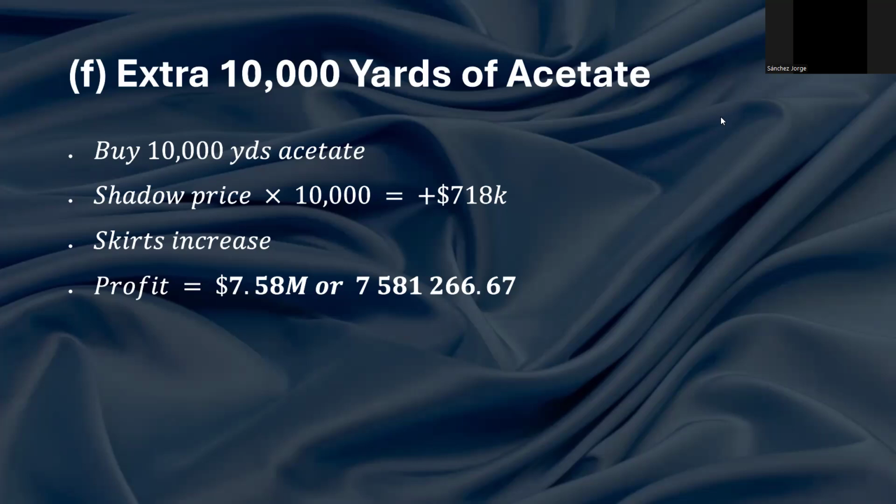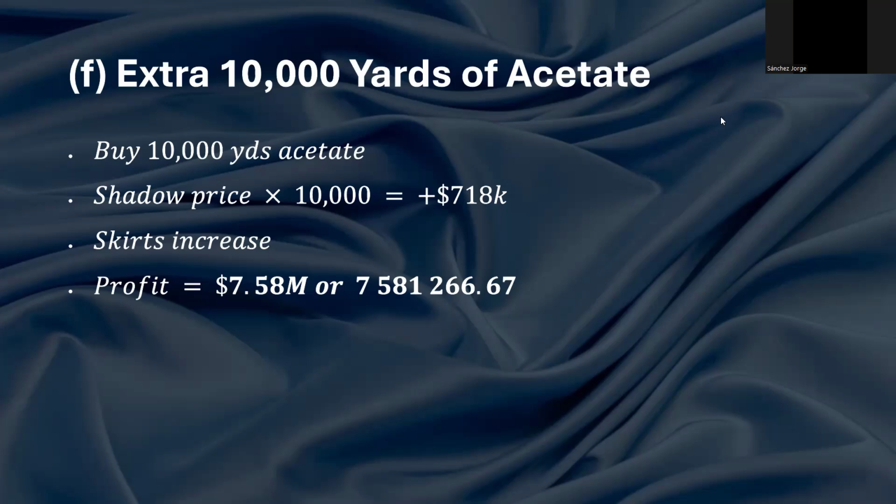In this case, all the shadow prices are positive, so if we make that multiplication, it's going to give us a positive number, 718K, or $718,000. So we are going to add that quantity to the optimal value.